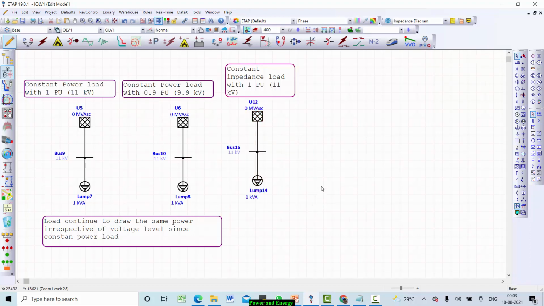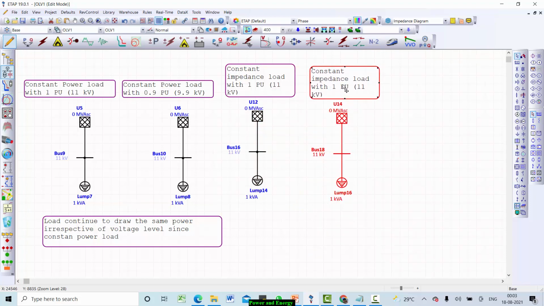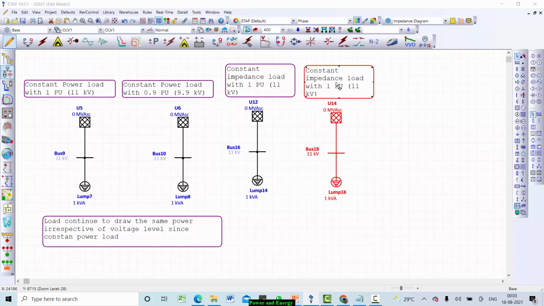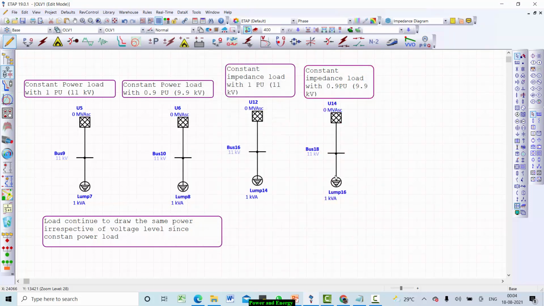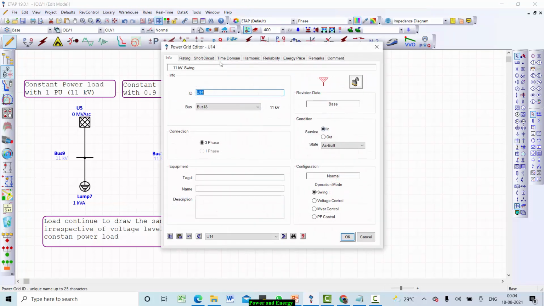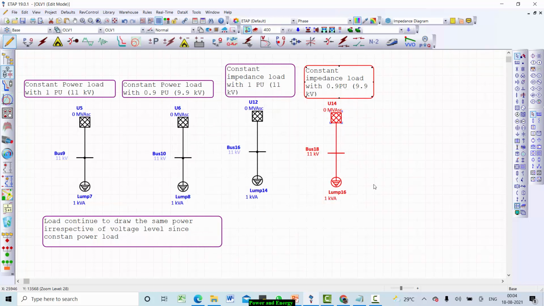Now I copy this and paste it again in order to have the response for 0.9 per unit. Make a change on the grid, 9.99 kV.